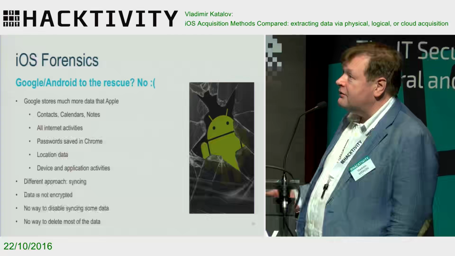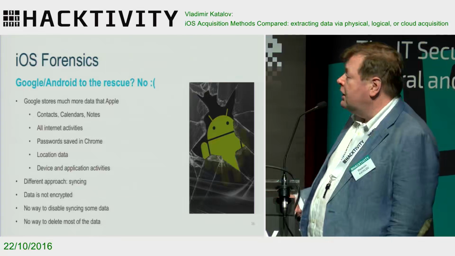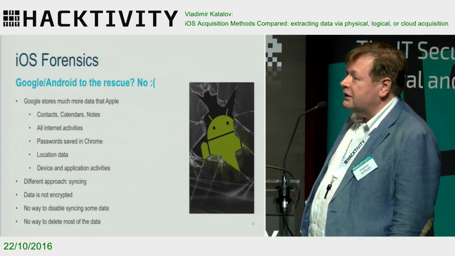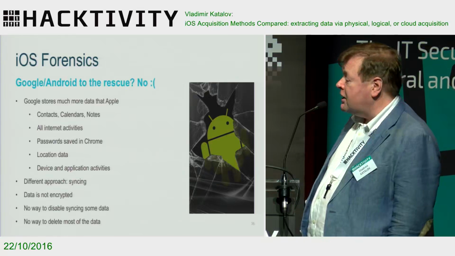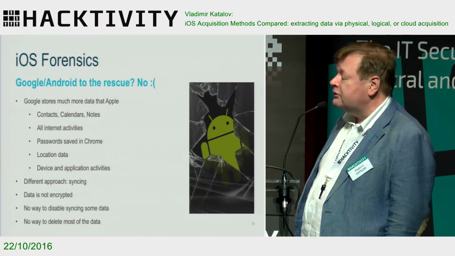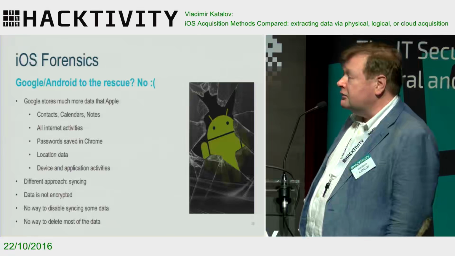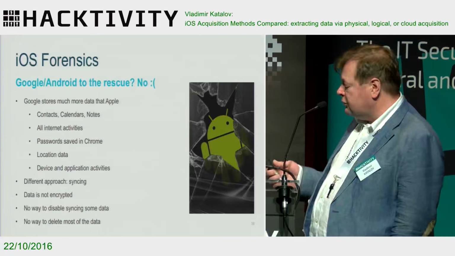And Google doesn't provide any convenient way to delete most of this data. I would really recommend that you log into the Google dashboard and download everything from there to see what Google has on you.